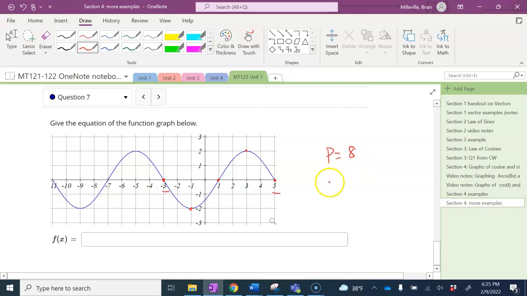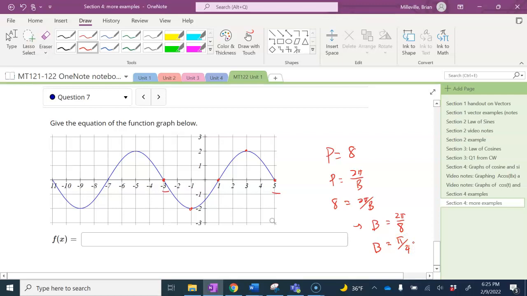Alright, again, we would substitute that into our format, 2 pi over b, to try to find b. So we put in 8 for the period. Then this is swapping sides with the b and the 8, so we're going to have 2 pi over 8. I'm skipping some of those details, which tells us b is pi over 4.